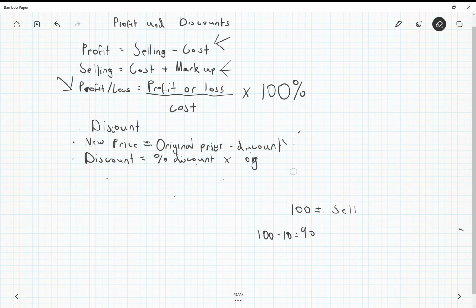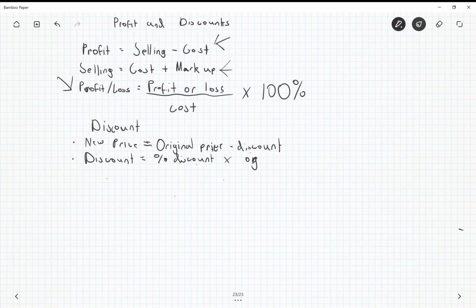Now we move on to how we find the amount of discount in something. So basically, the amount in terms of dollars of discount instead of percentage. So let's say we have a Gucci bag that costs $300.